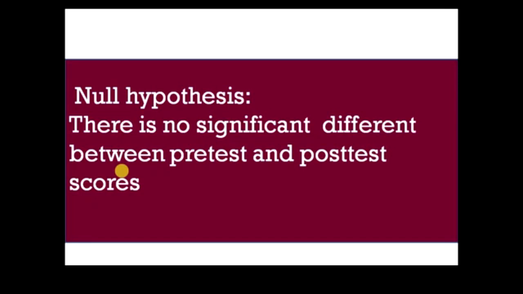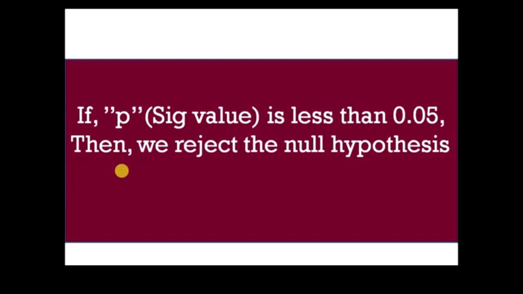Now, if the p-value or significance value is less than 0.05, then we reject the null hypothesis. The important question is, why am I taking 0.05? It's because my confidence level is 95%. That is why I'm taking it.